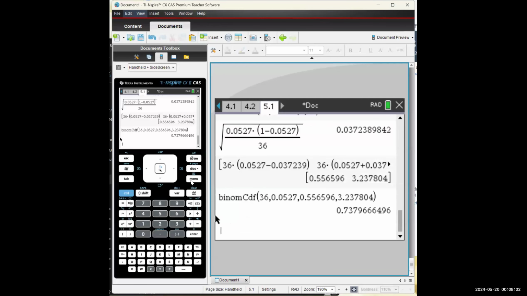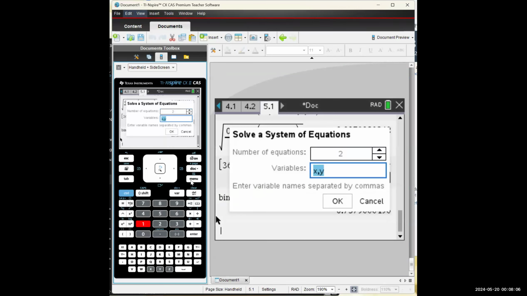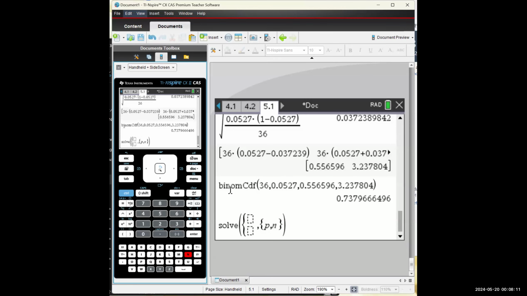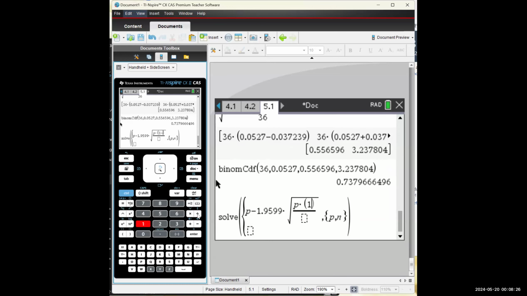So let's do this. Manual 371, we're solving for p and n. Let's just use p for p hat, okay? But p and p hat are different things. So just be mindful. 1.9599 times a square root of p times 1 minus p divided by n equals to 0.0234.